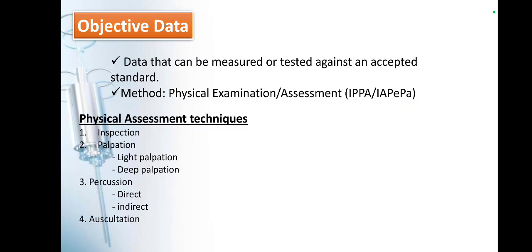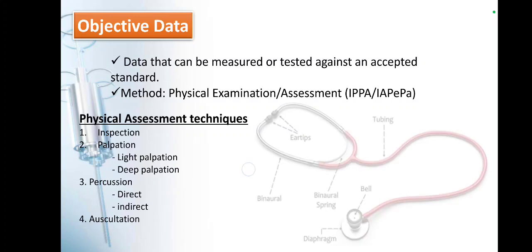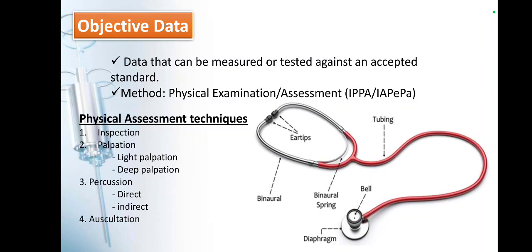And last but not least is auscultation. With the use of your stethoscope, we listen to the sounds produced by the body. What are the common sounds produced by our body? The heart sounds, the lung sounds, the bowel sounds, and vascular sounds. These are just examples of sounds that we have to identify.